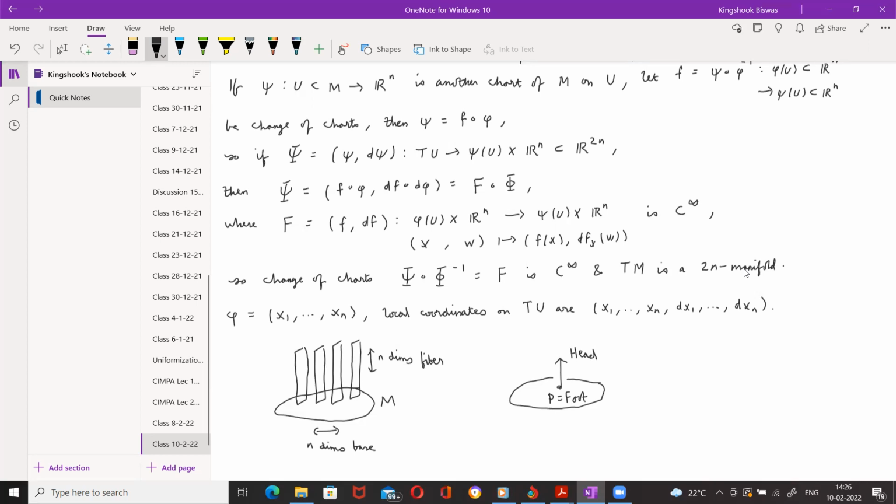Okay, so the foot has n degrees of freedom, and the head has n degrees of freedom, right? So I can move the foot in this direction, and I can move the head in this direction. So the foot moves and the head moves. All right. So I'll make this more precise later. We'll understand exactly how the foot and the head move when we look at Riemannian manifolds. But intuitively, do you get the picture?